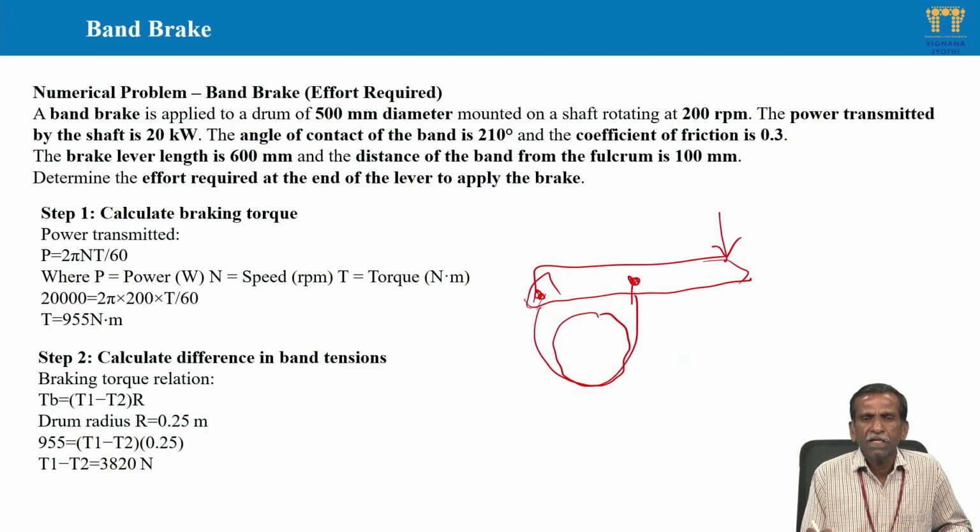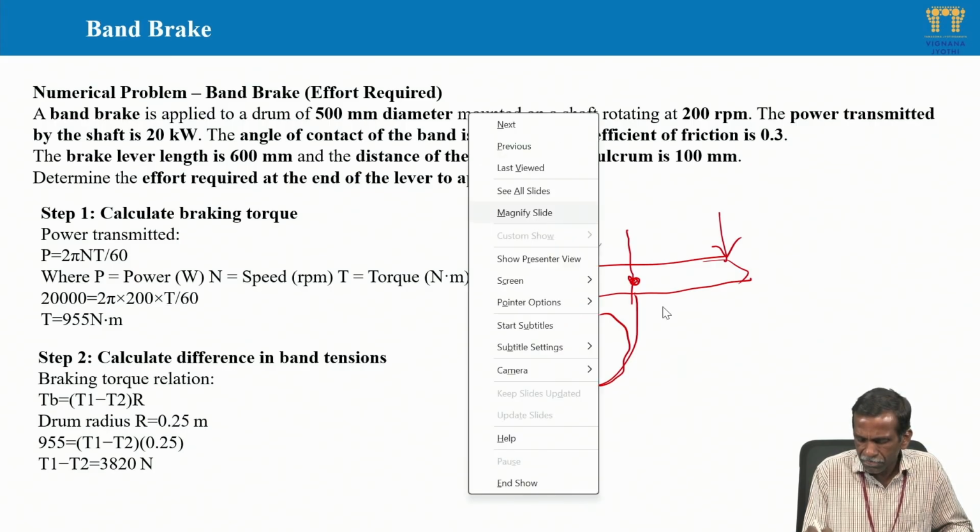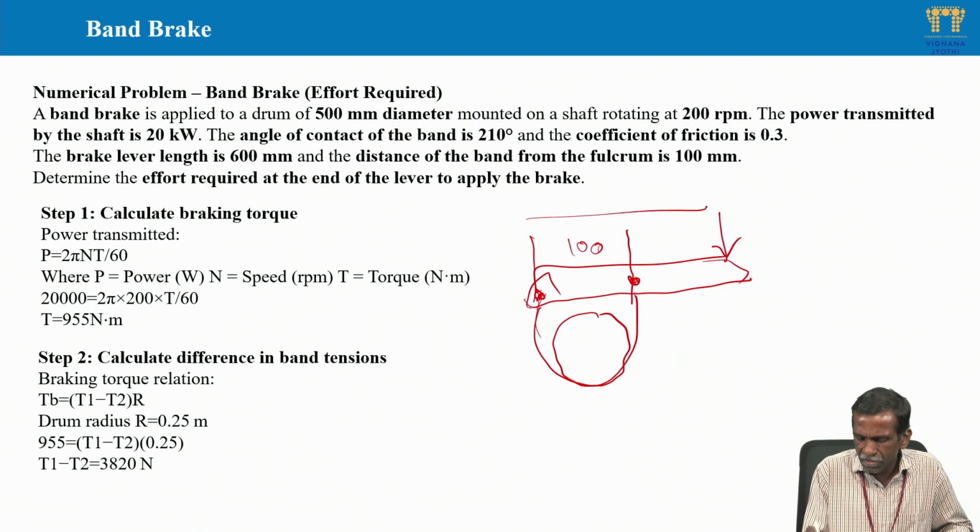What is this distance? 100 mm, the distance of the band from the fulcrum. This band is attached to the frame fulcrum itself, so this is 100. The total length of the lever is given as 600 mm.